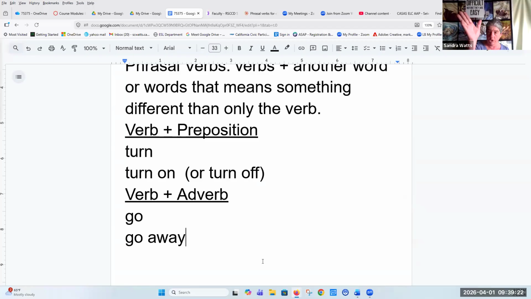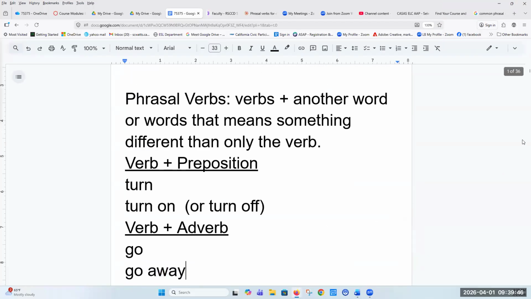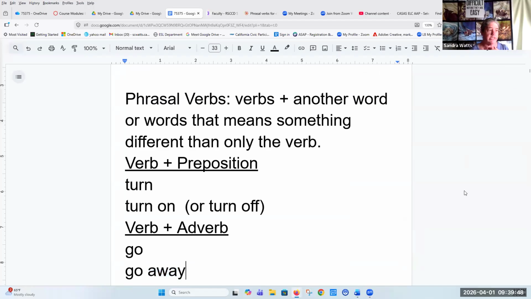Go to the store, go to the bank, go to work, go away, go on. Leave, get out. Just by adding this little adverb away, it completely changes the meaning of the verb. It doesn't mean just go anymore. This is the idea of a phrasal verb. You add another word and the meaning gets a lot different.